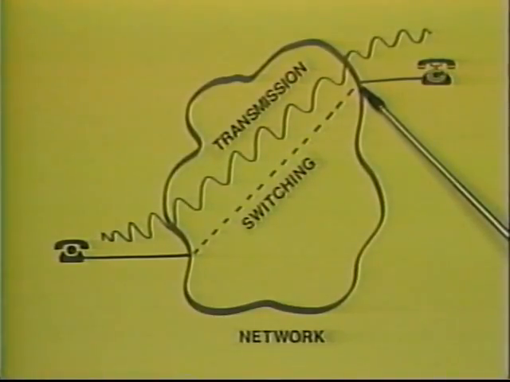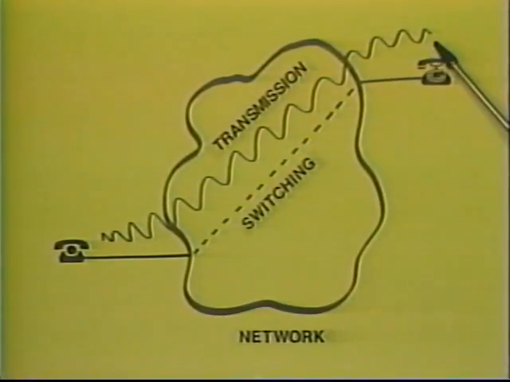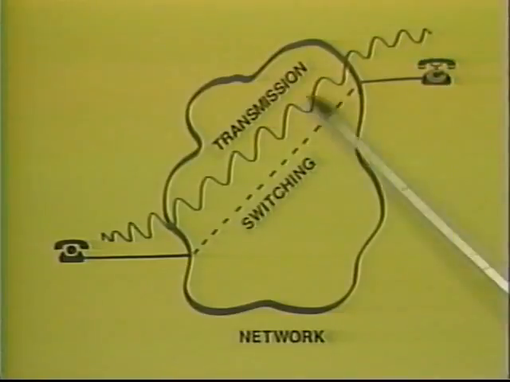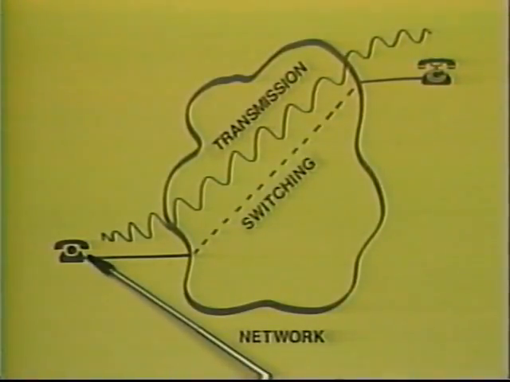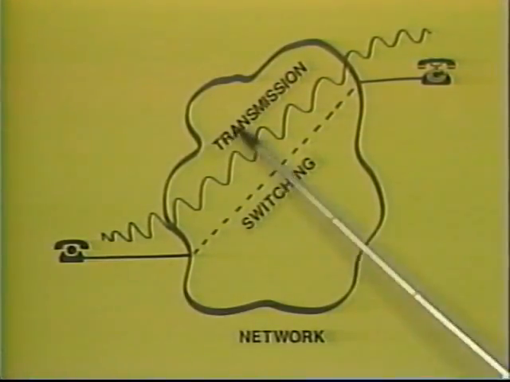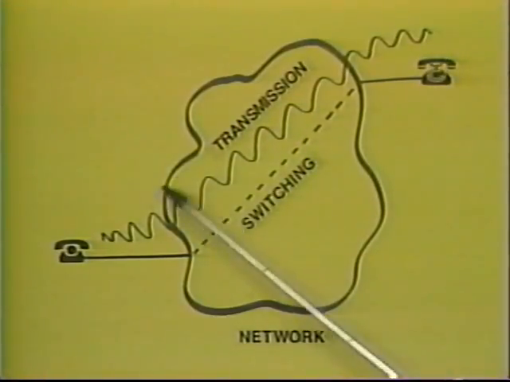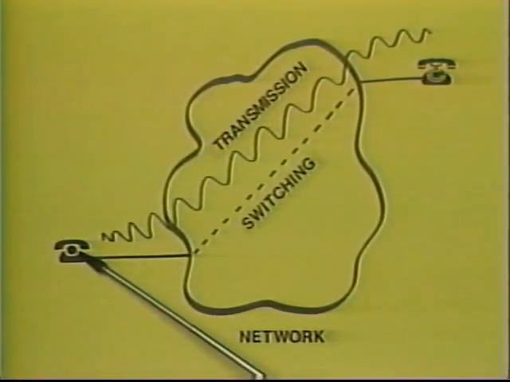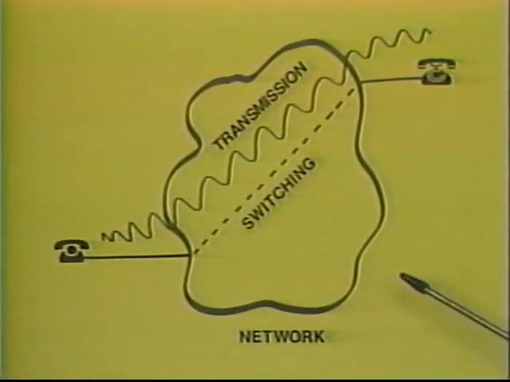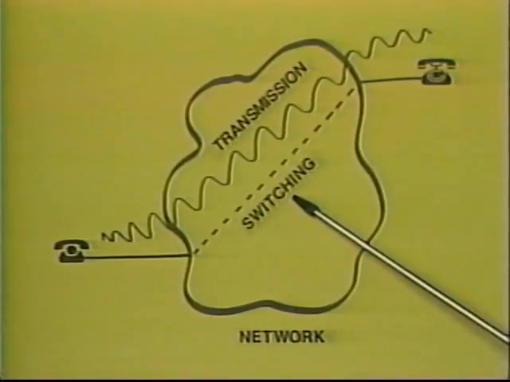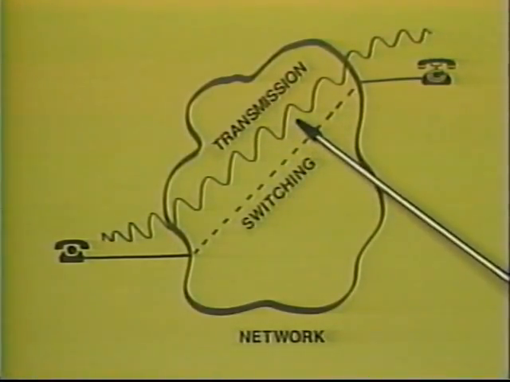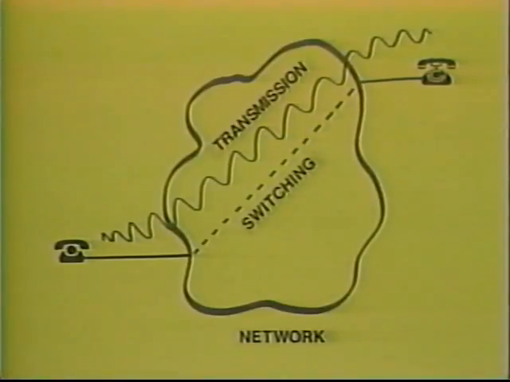Once the connection is established and you talk from your phone and are heard by the person at the receiving phone, this is called transmission, or getting the voice from this phone to the earpiece or receiver at this phone. Section 2 will be broken up first into describing the concepts of switching and then the concepts of transmission.